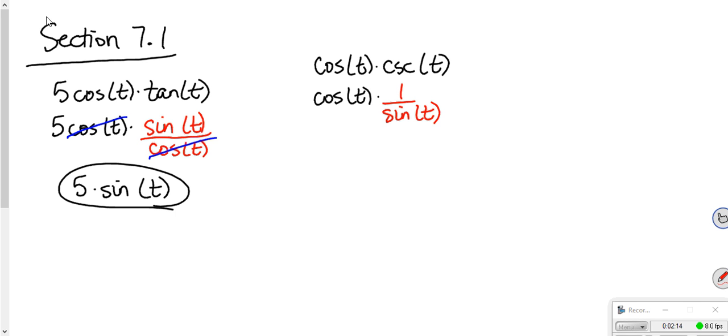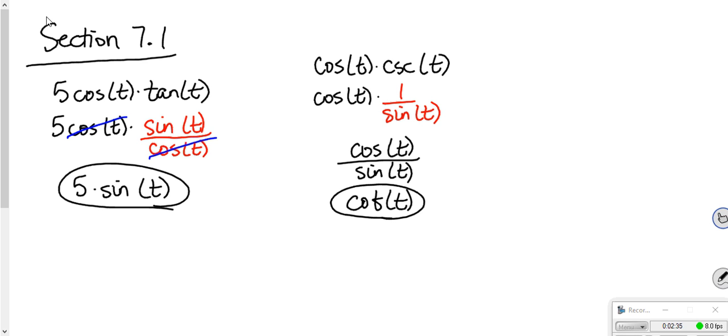Now, that gives us a cosine on top of a sine. If we multiply them together, and cosine over sine is cotangent. Not sure what happened to my t there on the cotangent, but that is cotangent t, C-O-T-T.